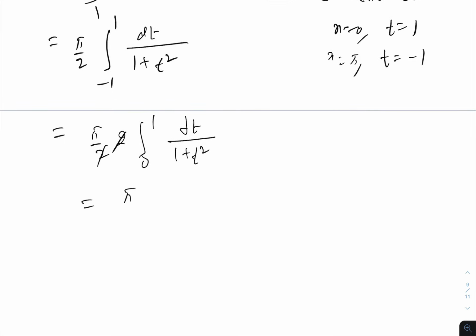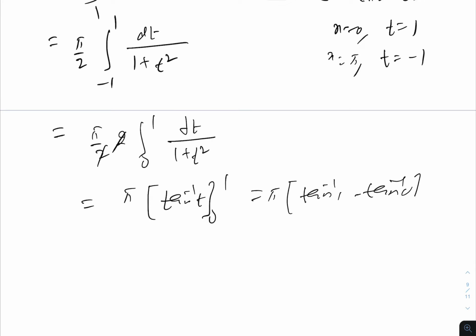So this is pi, this is standard, tan inverse t from 0 to 1, pi times tan inverse 1 minus tan inverse 0. So this is pi by 4 minus 0. So the answer is pi square by 4.